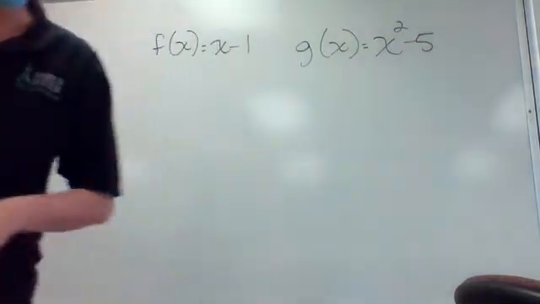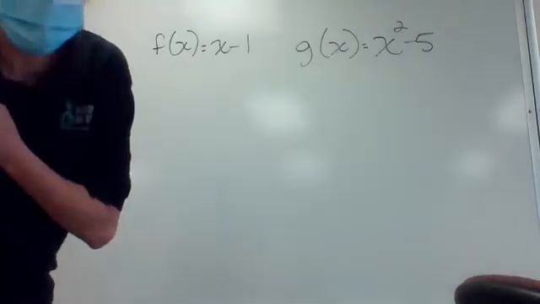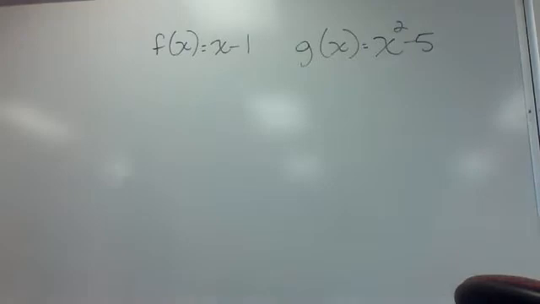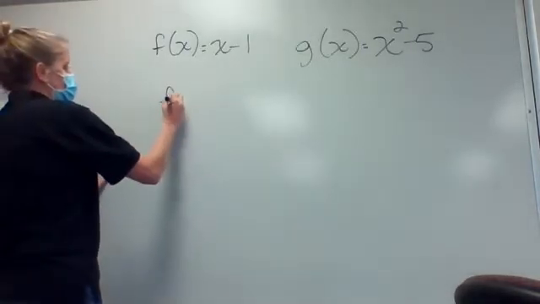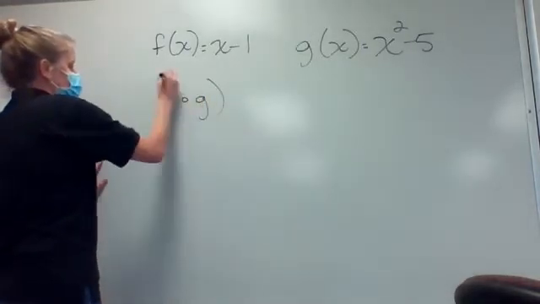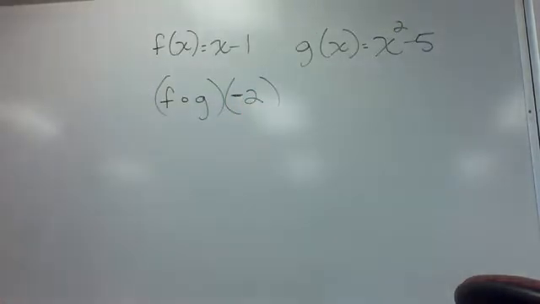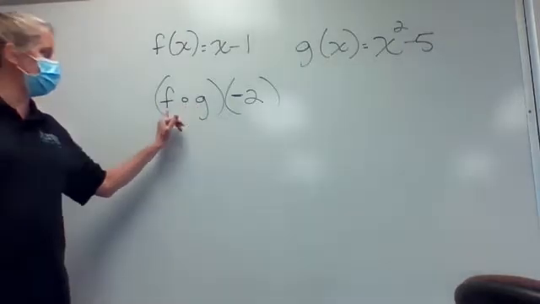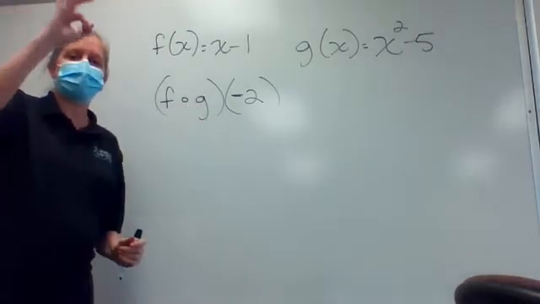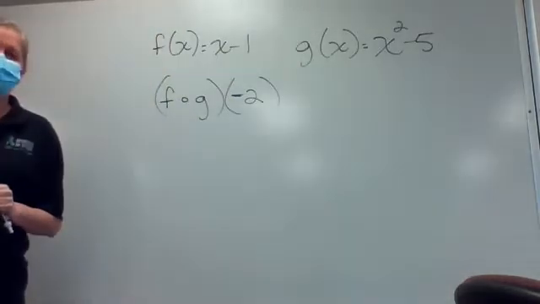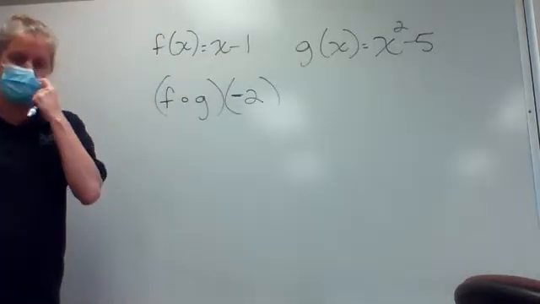Okay, and the way that composition of functions looks is we're going to find f of g of negative 2. It looks like it says f dot g, but that little circle says f of g, and I wanted to make it a little bigger so you distinguish it, it's not a multiplication symbol, right? It's not to multiply.